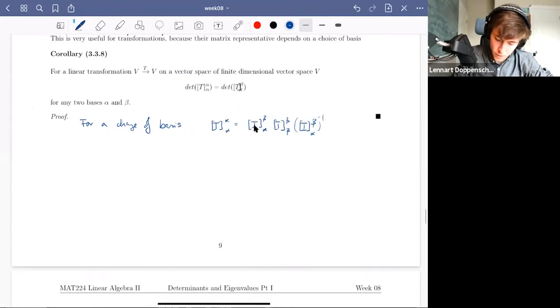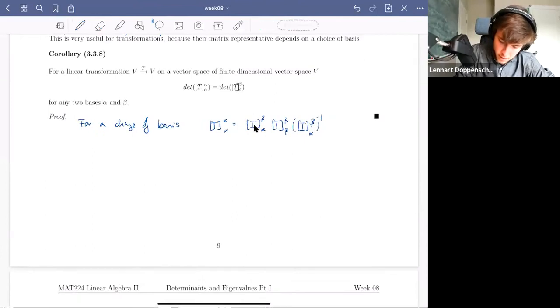So now if we take the determinant of this, also this means that I alpha beta is invertible.